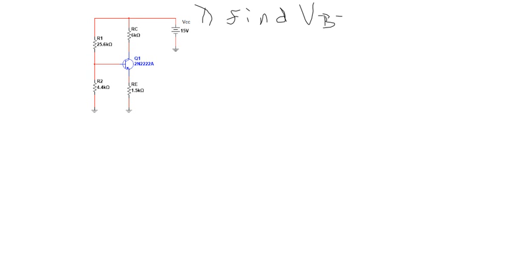That's my supply voltage times the bottom resistor of my voltage divider, R2. What we're actually finding here is the voltage drop across R2, and that will give us the base voltage. That's over R1 plus R2.